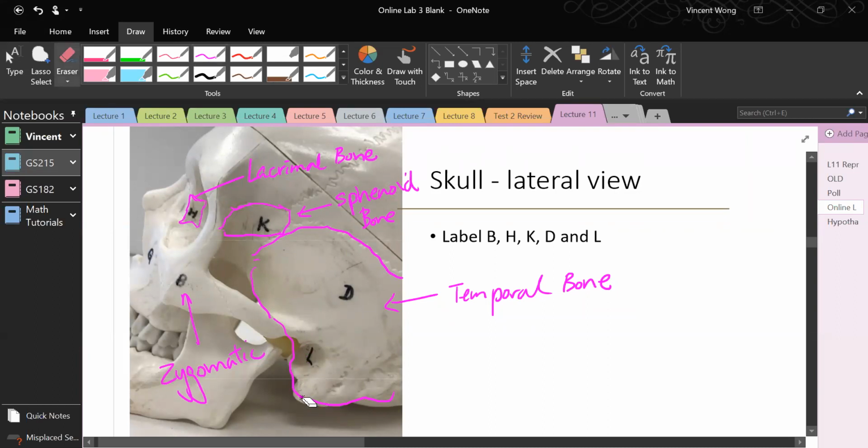That's the mastoid process. And here, this is going to be your ear canal. So your ear is actually here, and if you touch the back of the ear, you will feel this knob. That's the mastoid process. And then that's your ear canal.